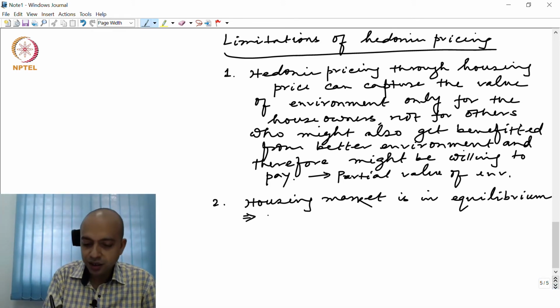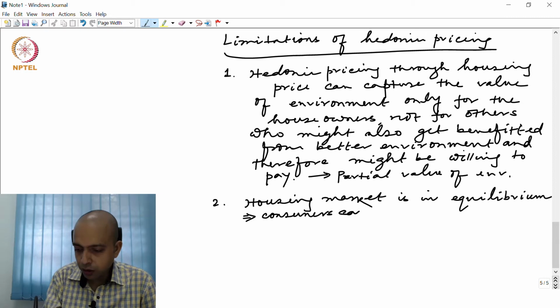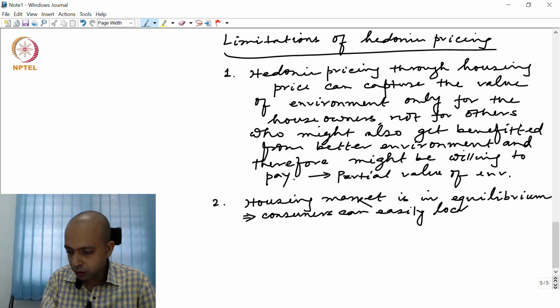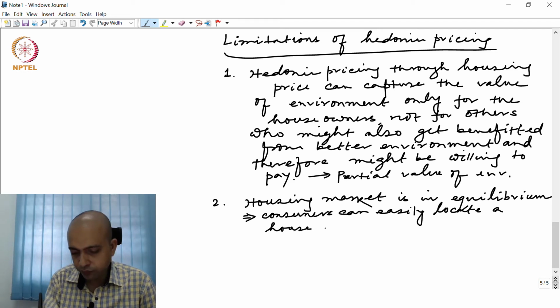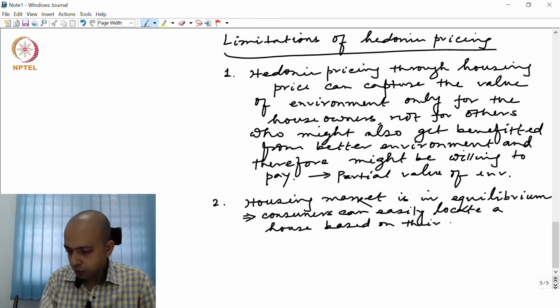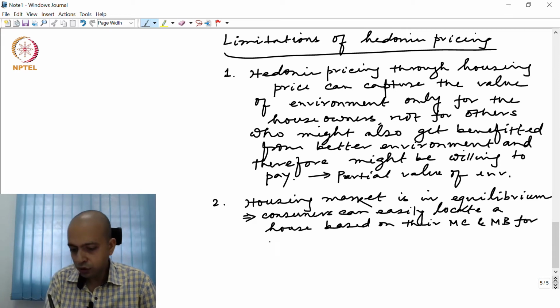This implies consumers can easily locate a house based on their marginal cost and marginal benefit for any attribute.